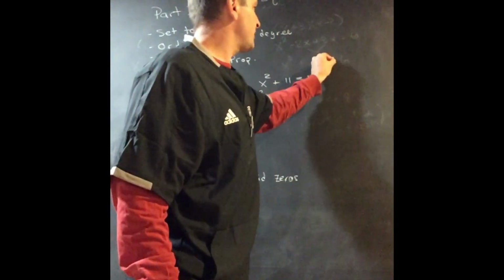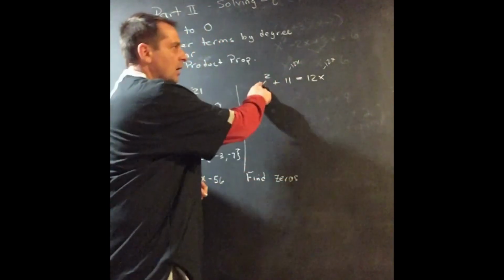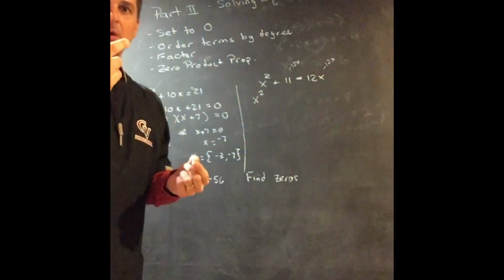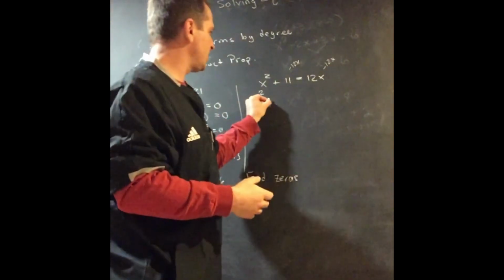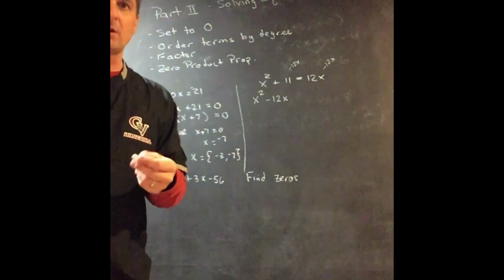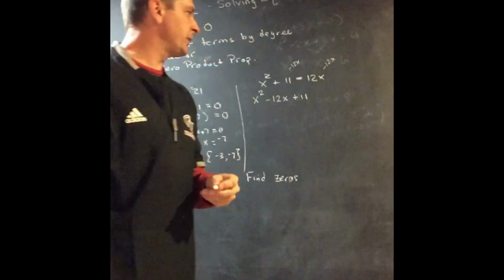So when I subtract 12x from here, there's nothing to combine this x to the first power with. So I'm just going to make sure I slide it into the proper spot where it would go in descending degree of my terms. And then the positive 11 would drop down where the constant usually goes.